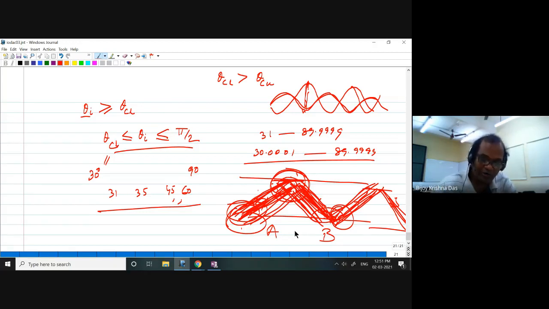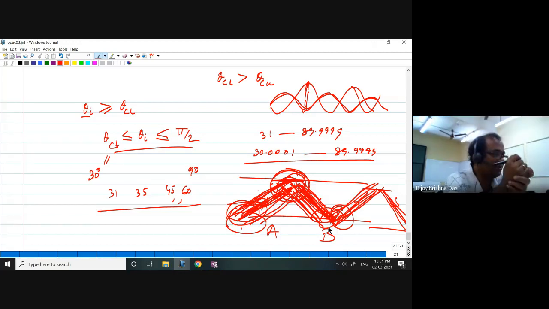You have to look into the phase relationship also. When one wave goes here and acquires some phase, and here acquires some phase, the total phase acquired should be 2 pi times n, an integer. Then you can say that the sources at A and B, you cannot distinguish them.